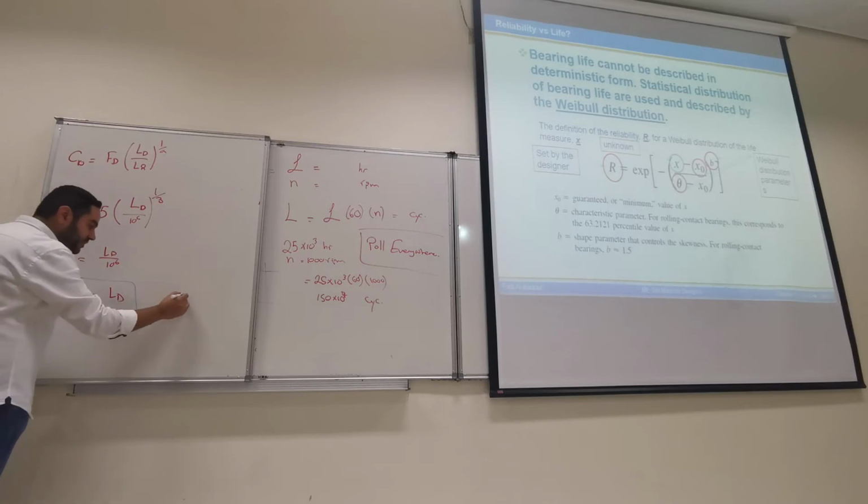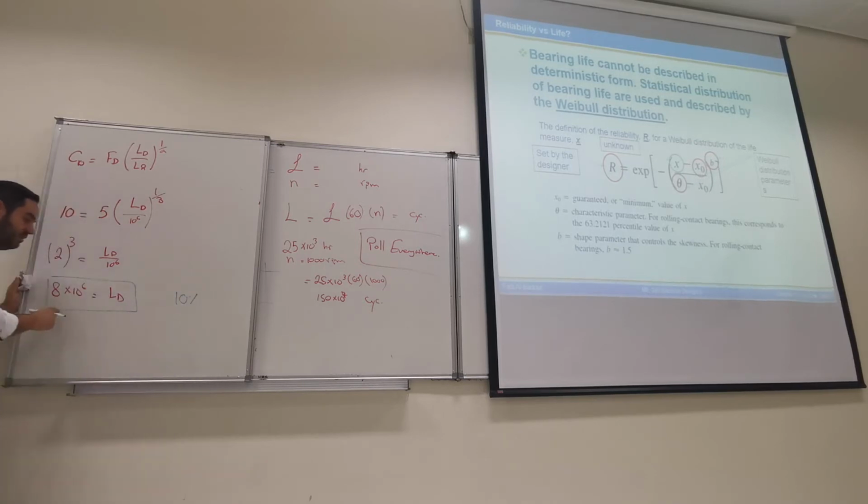But there's a chance of 10% that the bearing does not reach the 8 million cycles. So there's a 10% probability of failure. So the 8 million cycles number is 90% reliable. So there's a 10% chance that you don't reach the 8 million cycles.